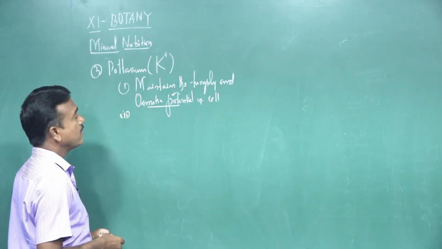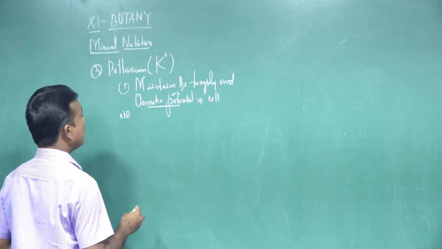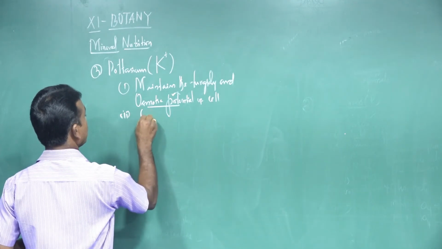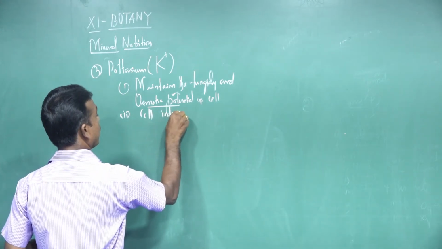So potassium not only maintains the turgidity and osmotic potential of the cell, it also maintains cell entrapment.